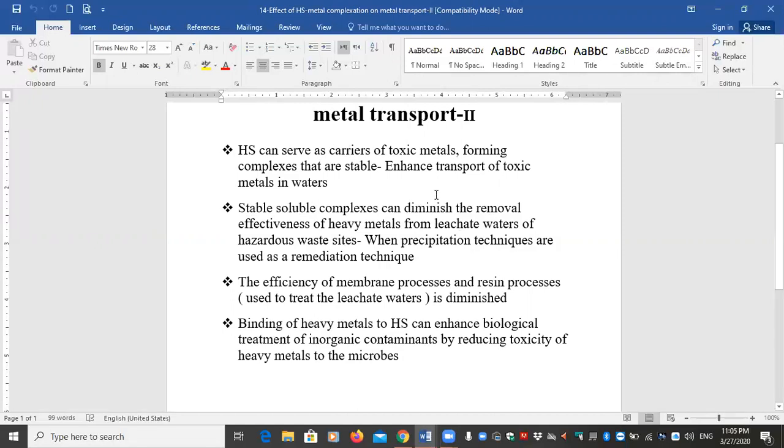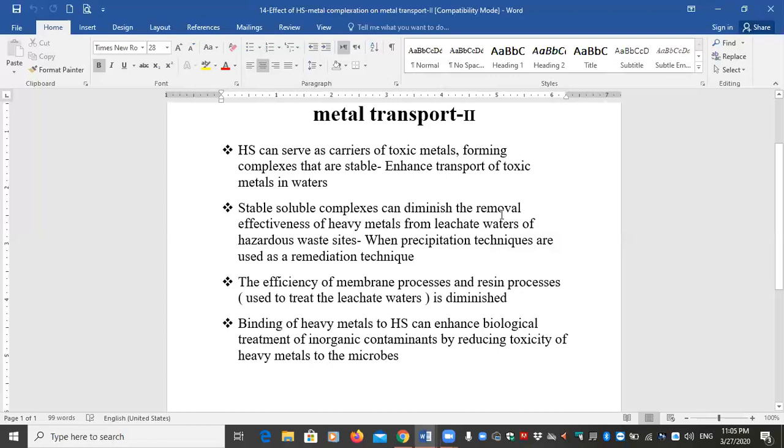So what's the purpose? In this case, we have leachates, things that leached out, leachate waters of hazardous waste sites coming out of some industry, from a plant, that means a factory or whatever. That's what we have, bad leachates.